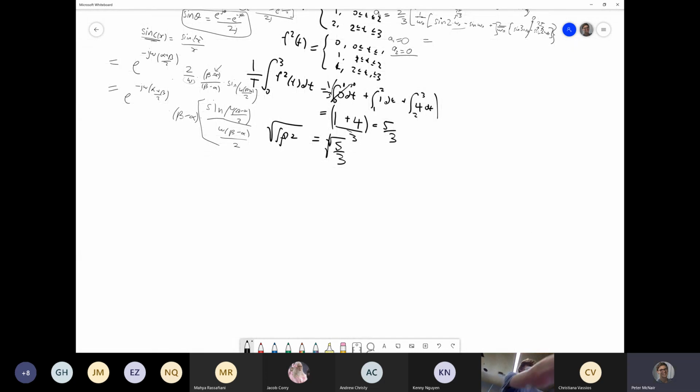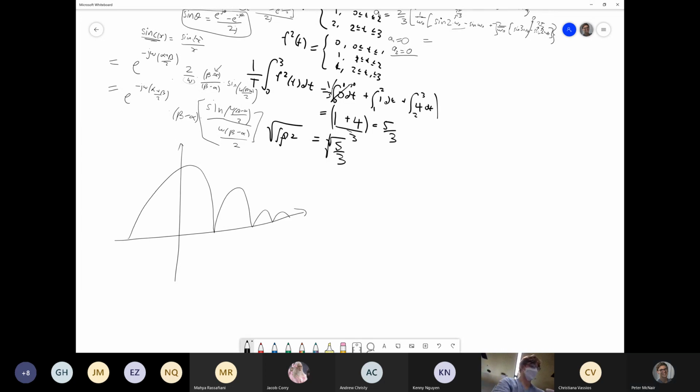Sinc has quite an interesting shape. It sort of looks like a bouncing sine, like this. So if we were to sketch the magnitude of this, this has no magnitude because it's just a phase.